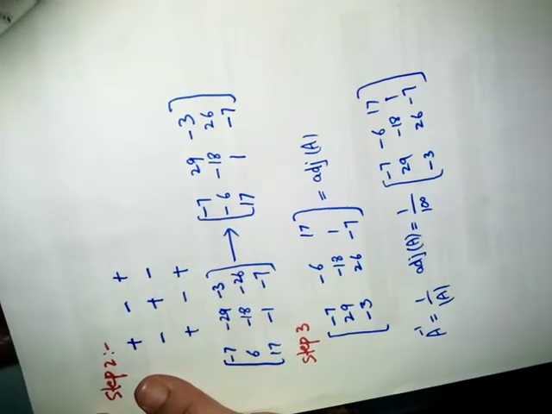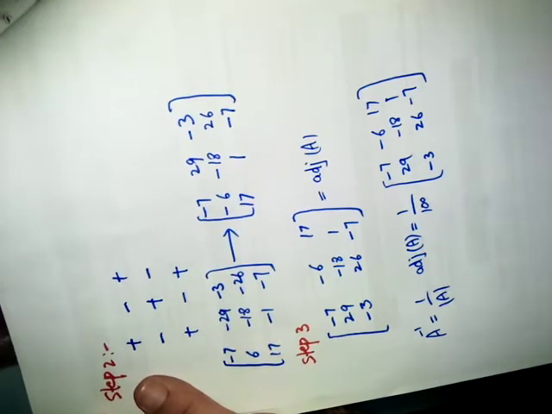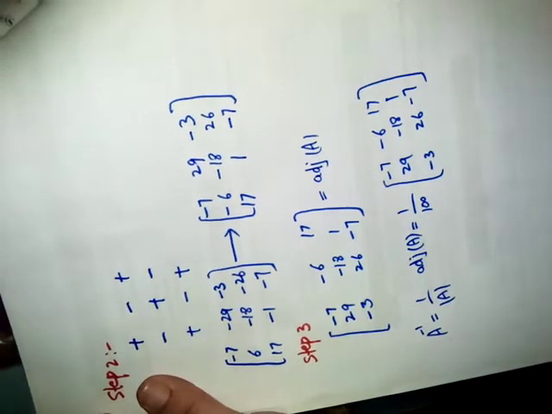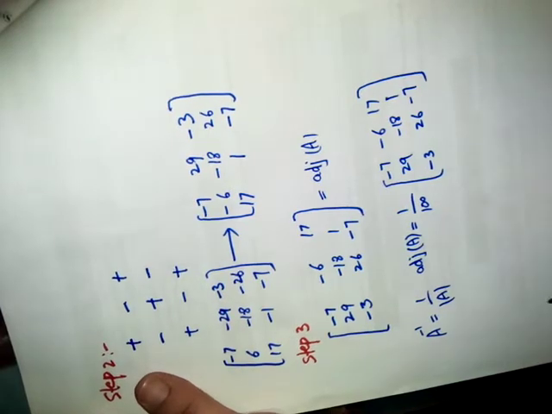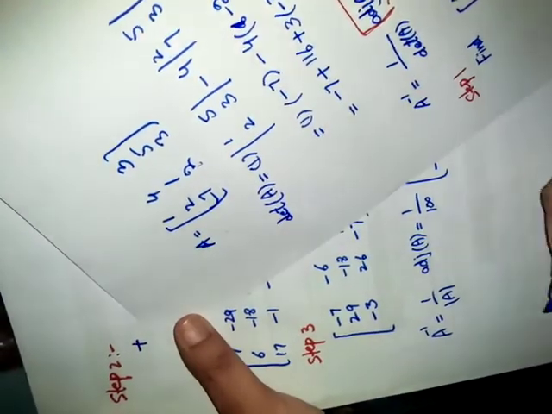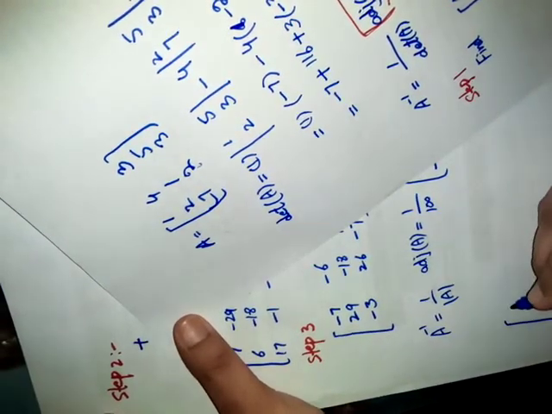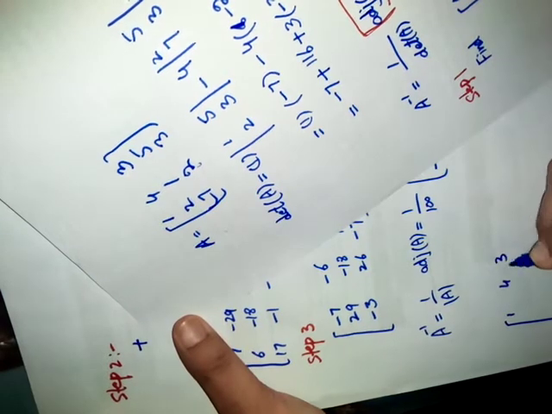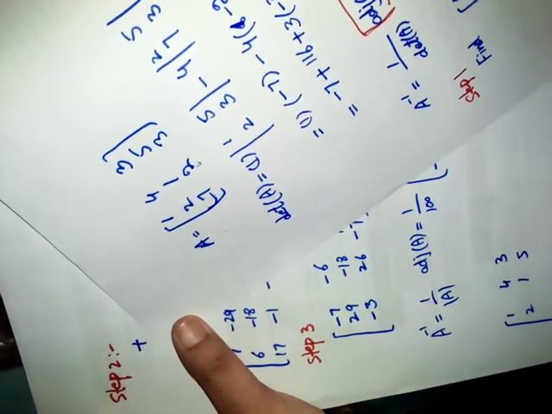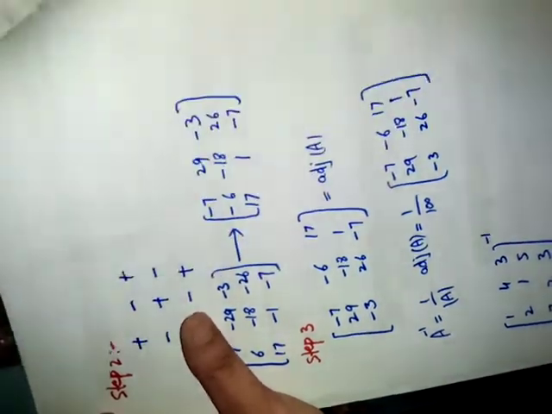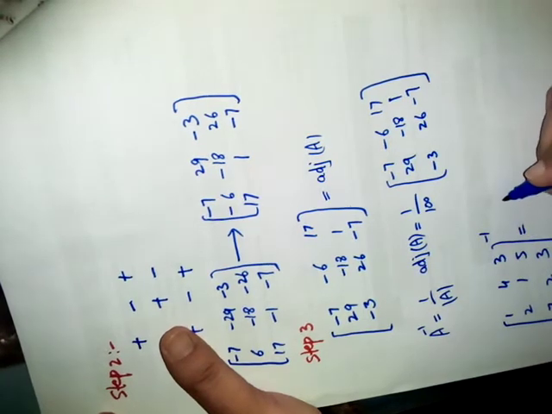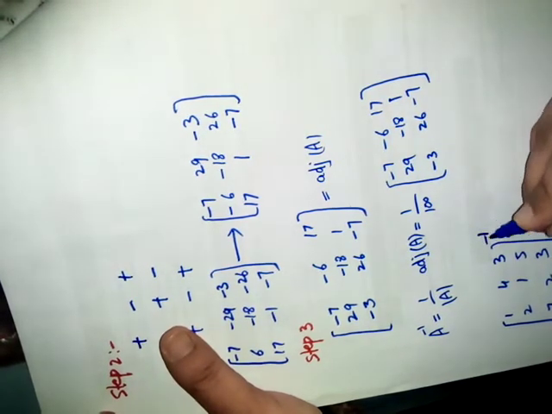So in this way we evaluate the inverse of a 3 cross 3 matrix or any higher order matrix. So we can also write the inverse of this matrix, this is the sign for inverse.